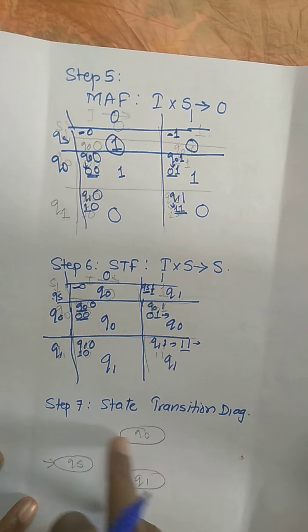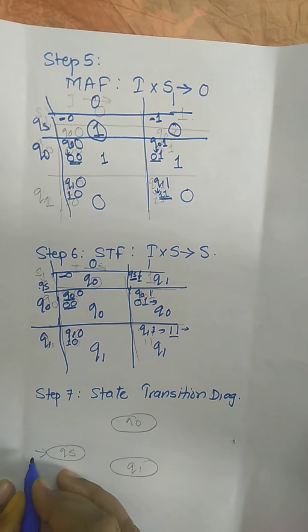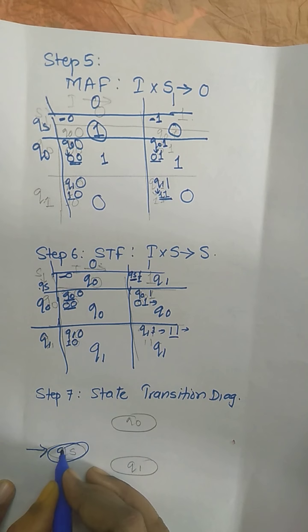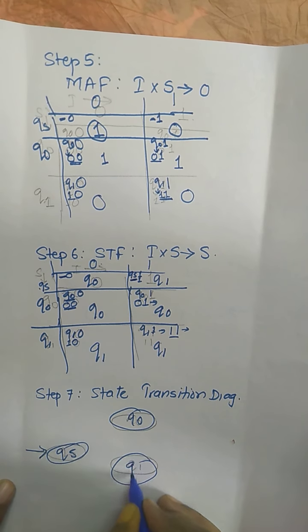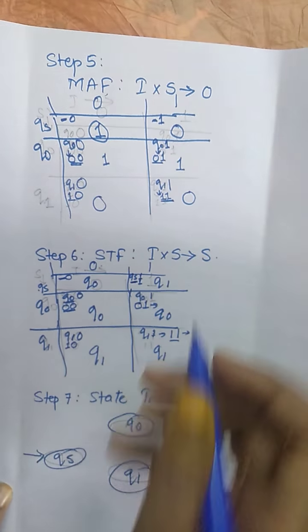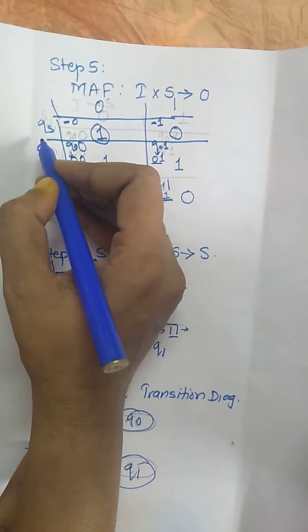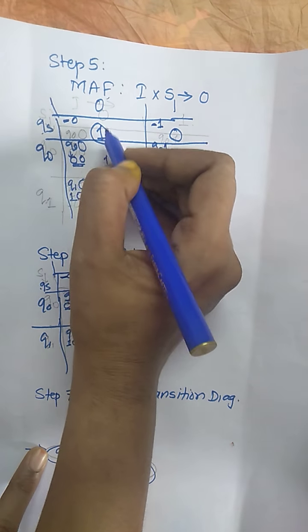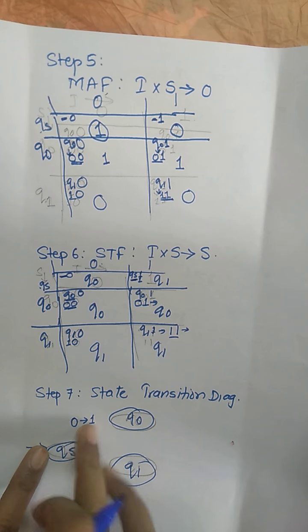Now we are going to complete the state transition diagram. So we have started with QS. QS is the initial state, then the remaining states are Q0 and Q1. Now QS on 0 produces output 1. So this is how we are going to combine input and output.